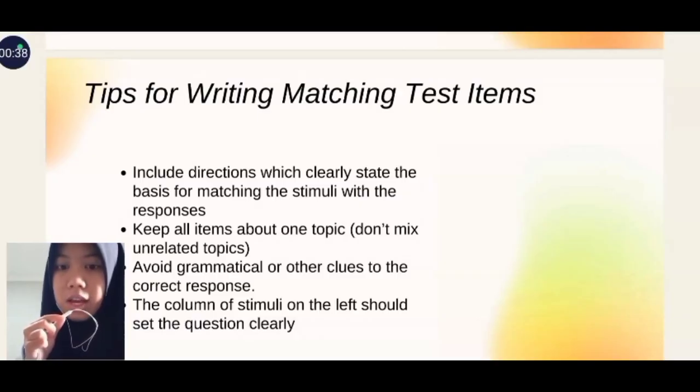Include only items for the same topic and avoid mixing unrelated topics. The third one is to avoid grammatical or other clues to the correct response. Make sure the stems and responses are grammatically consistent and clear. And the last one is that the column of stimuli on the left should state the question clearly.